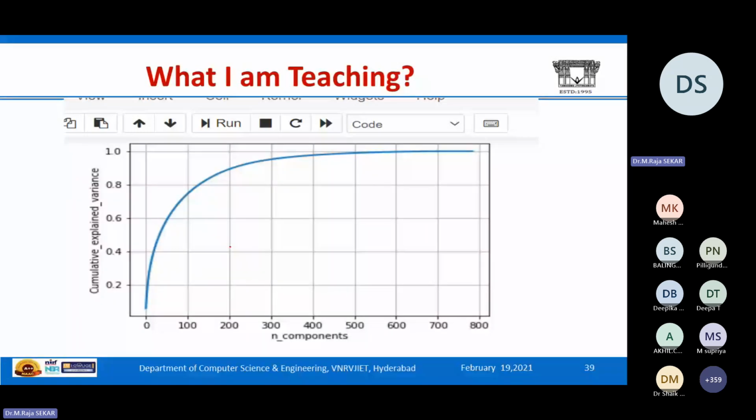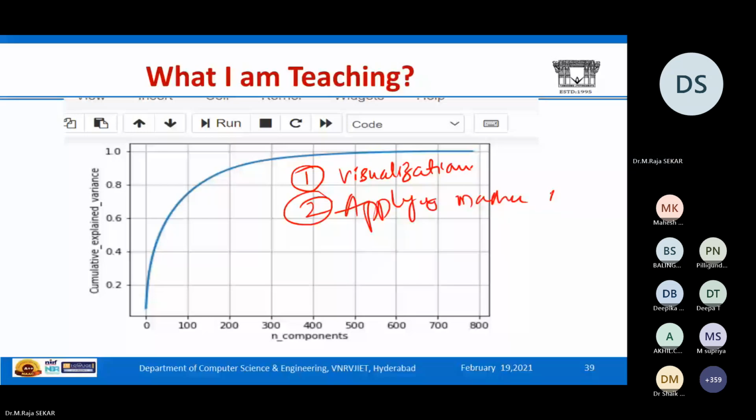My first motivation: why do we need dimensionality reduction? Visualization, because you cannot visualize higher dimensions. Second is applying machine learning algorithms, because on higher dimensional data there are many machine learning algorithms which cannot be applied.